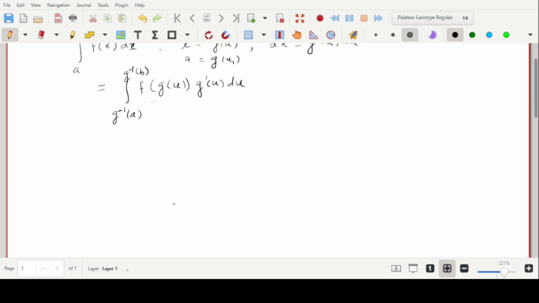Suppose we are trying to integrate a real valued function in two variables.